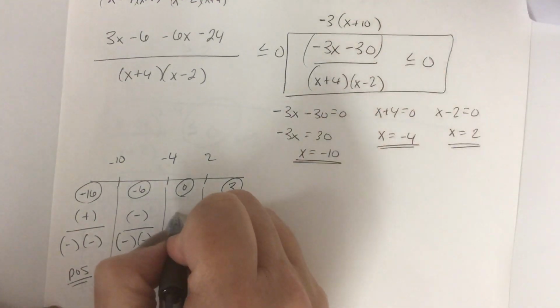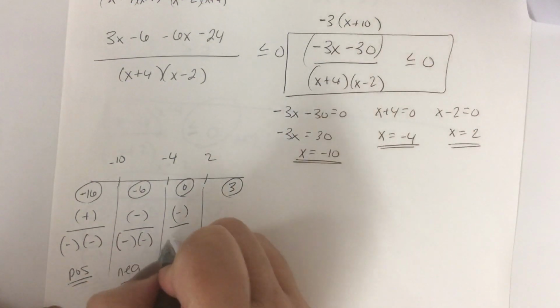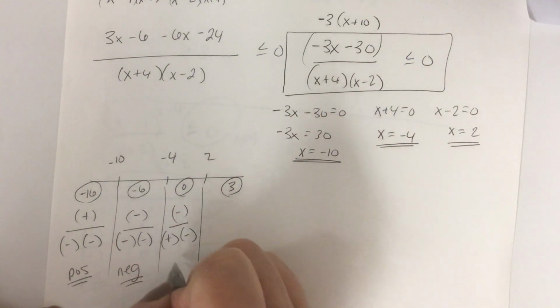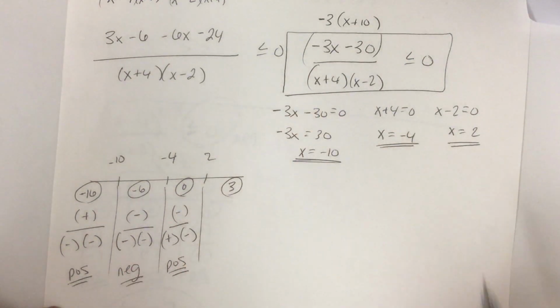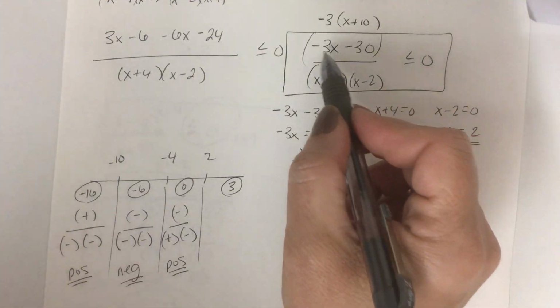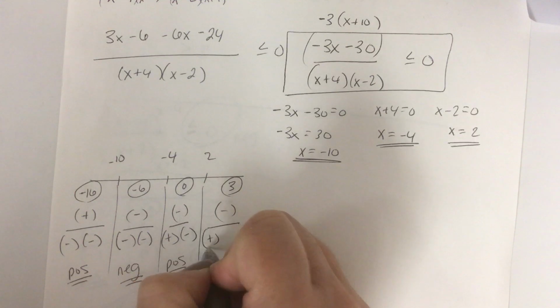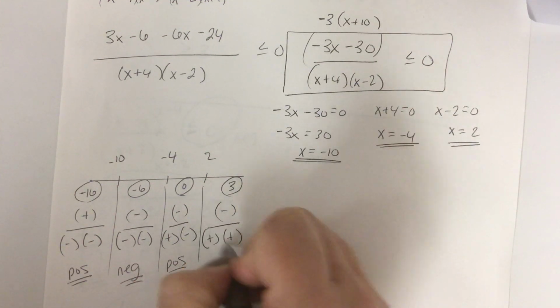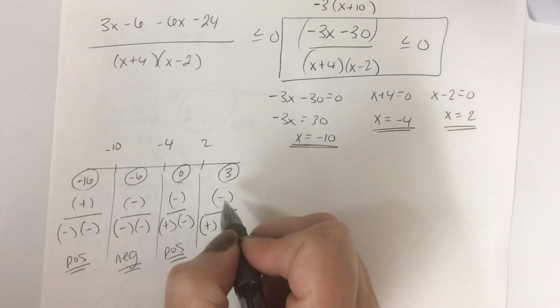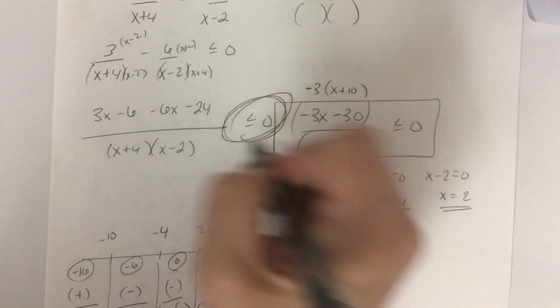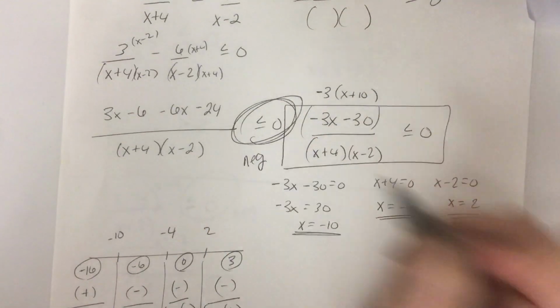Now 0: 0 minus 30 is negative, 0 plus 4 is positive, 0 minus 2 is negative. 2 negatives make a positive, so 0 gives a positive. 3 is going to give me a negative on top. 3 plus 4 is positive on the bottom, and 3 minus 2 is also positive on the bottom. So one negative gives me a negative. So we are looking for what gives me a negative.